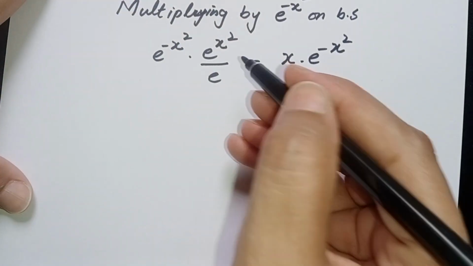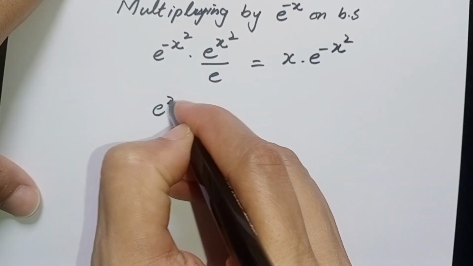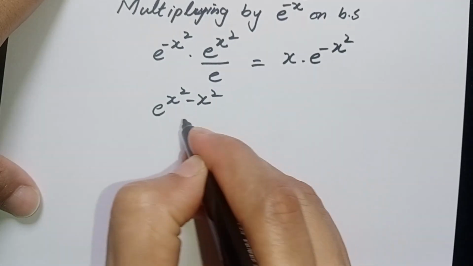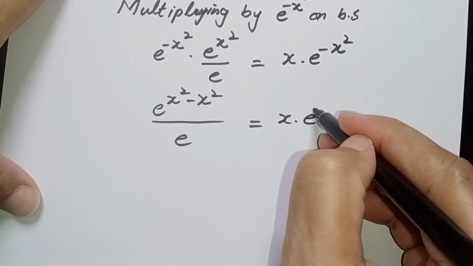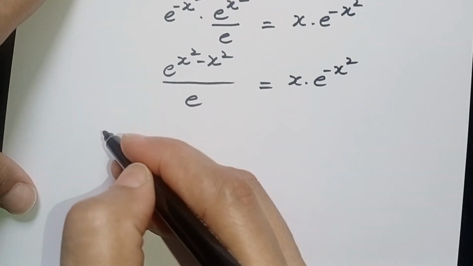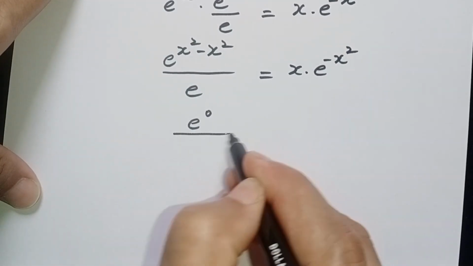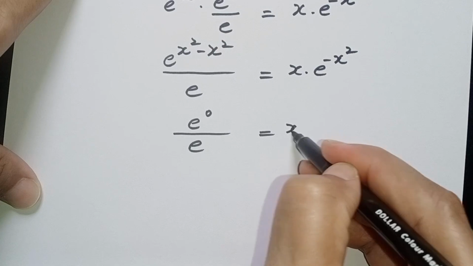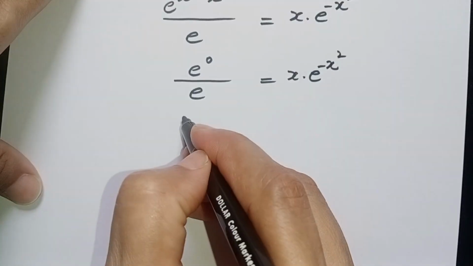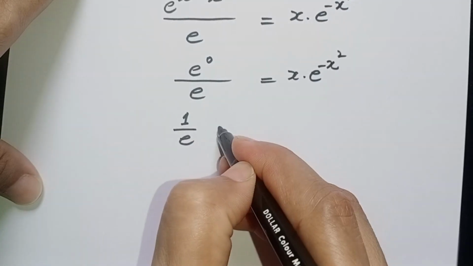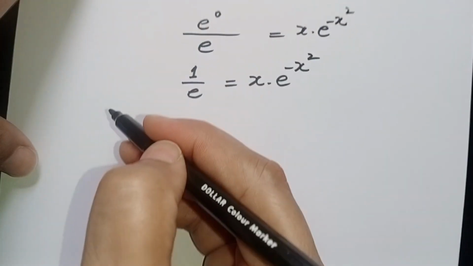In the next step we can combine them: e^(x²−x²) over e is equal to x times e^(−x²). This will cancel out and we will be left with e^0 over e is equal to x times e^(−x²). So e^0 is equal to 1, and 1 over e is equal to x times e^(−x²).